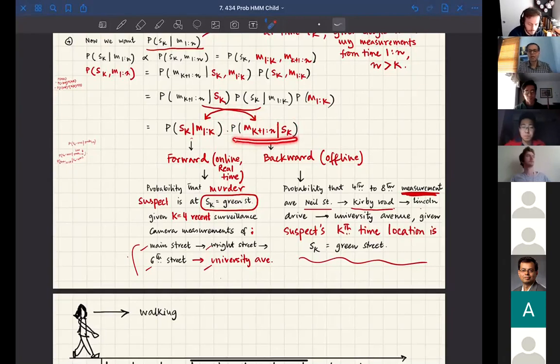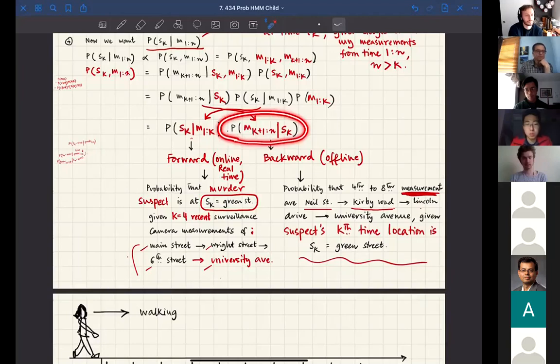Is this a posterior or a likelihood? Jiahang, this is posterior. Anyone else? Likelihood.